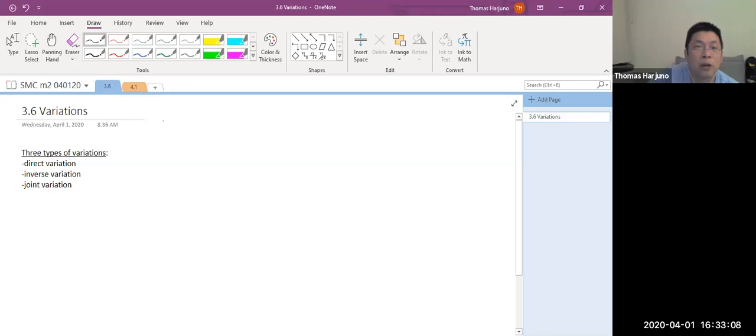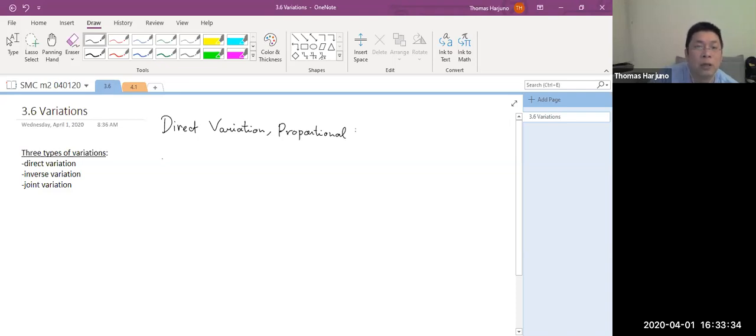The first one, direct variations, or sometimes we also call it proportional. That's one of the keywords.